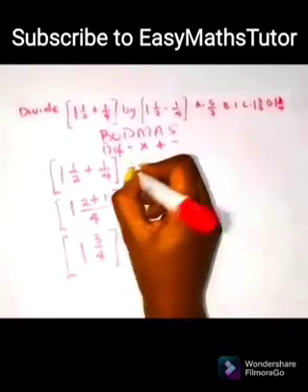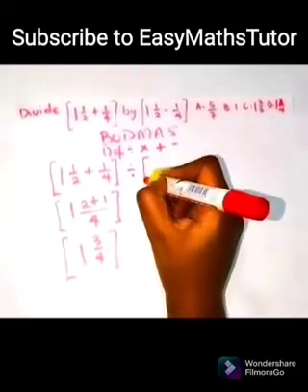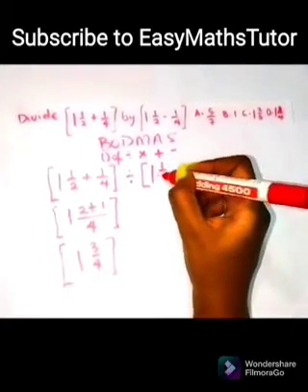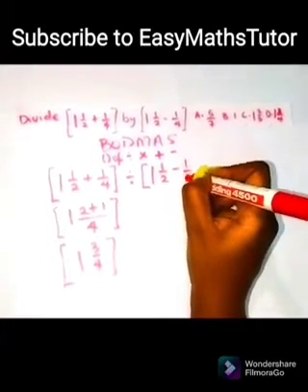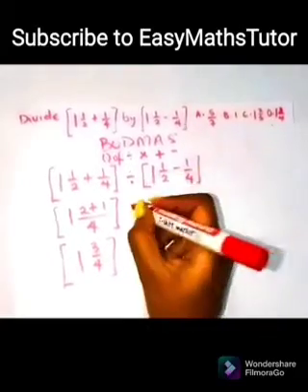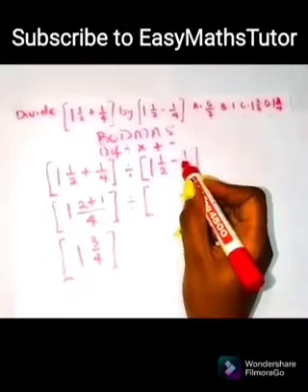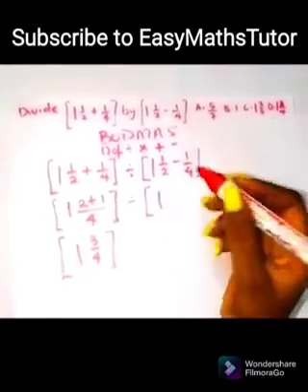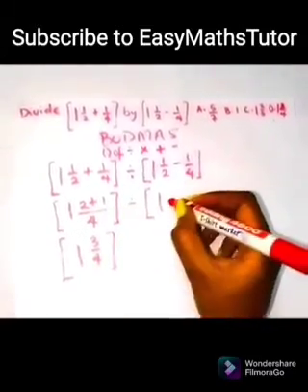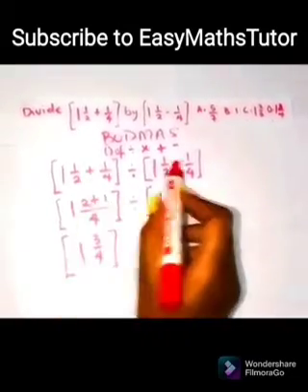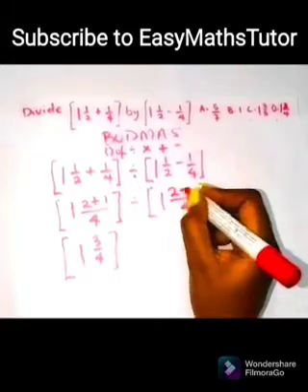divided by, we have 1 whole number 1 over 2 minus 1 over 4. So this other bracket, we have 1 minus 0, which gives us 1. And we'll do the same thing here. The LCM is 4. So we'll say 2 minus 1.